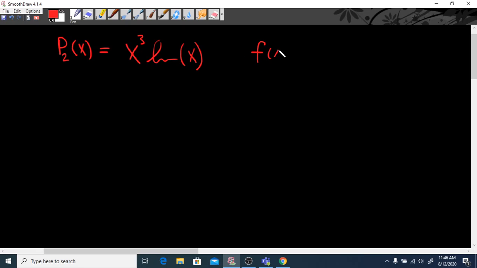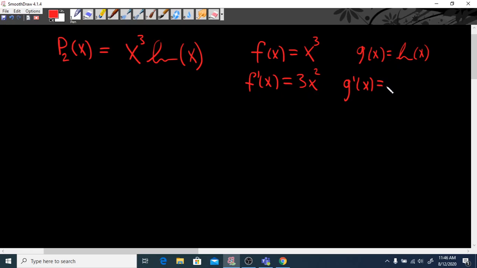So the first piece, x cubed. The second piece, natural log. And we need the derivatives of each individual piece. Power rule, right? Bring the exponent down, reduce by 1. And then the derivative of the natural log is just 1 over x.